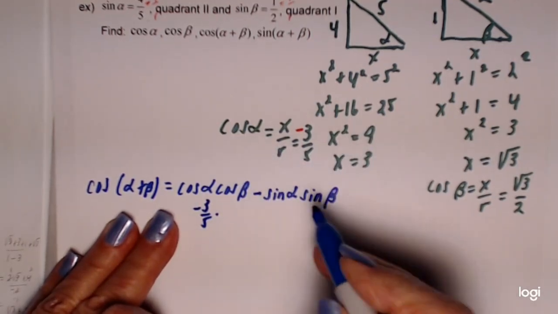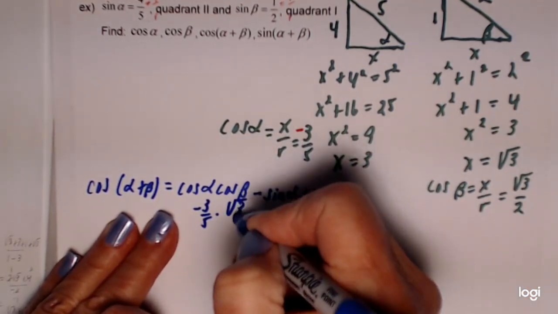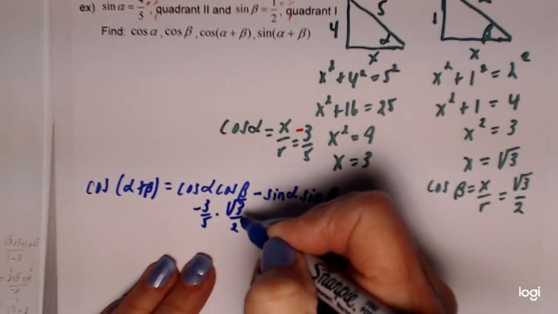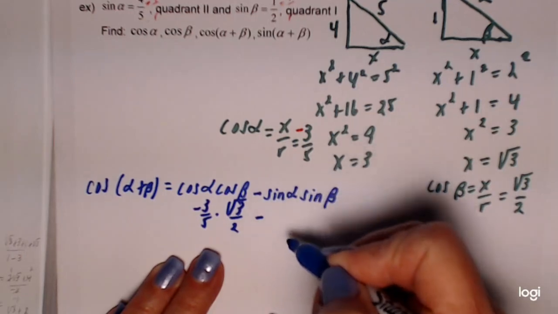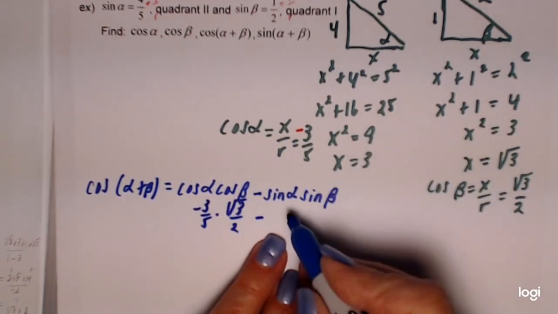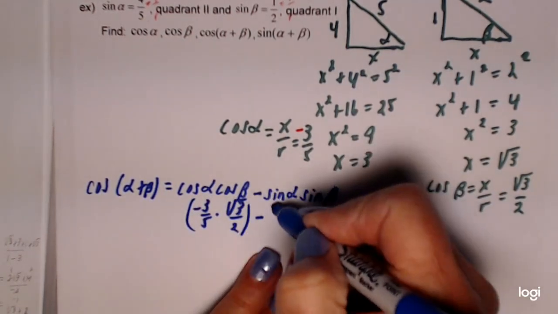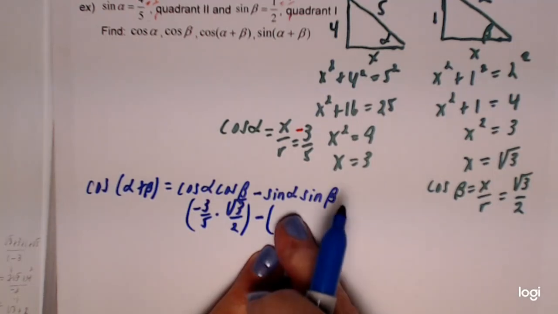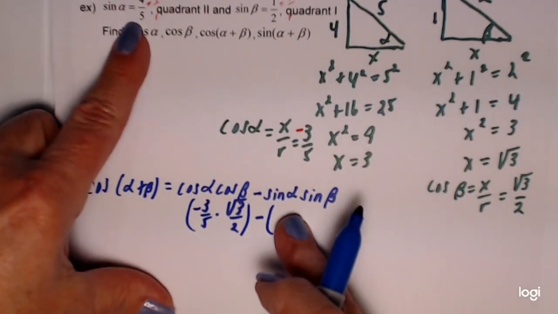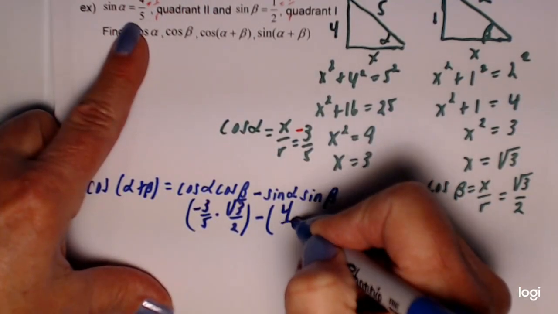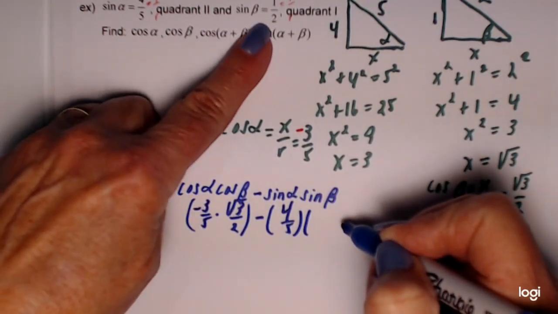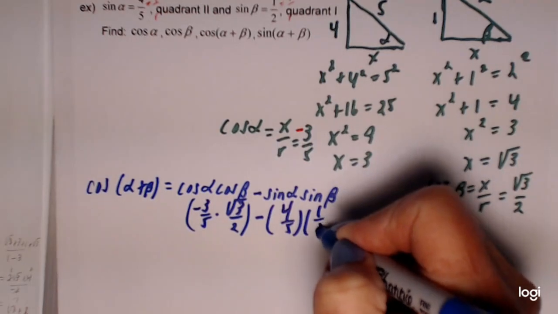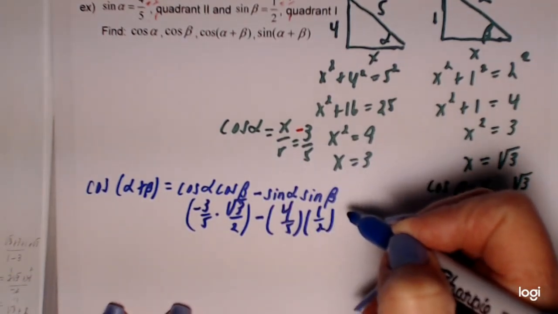The cosine of beta is square root 3 over 2, which, by the way, is an angle that you should know, even though we're not asked to name it. And now we have the sine, let me put these like this so we don't mess up. The sine of alpha, which was given to us, is 4 over 5. And the sine of beta, which was also given to us, is 1/2. So there are our values.